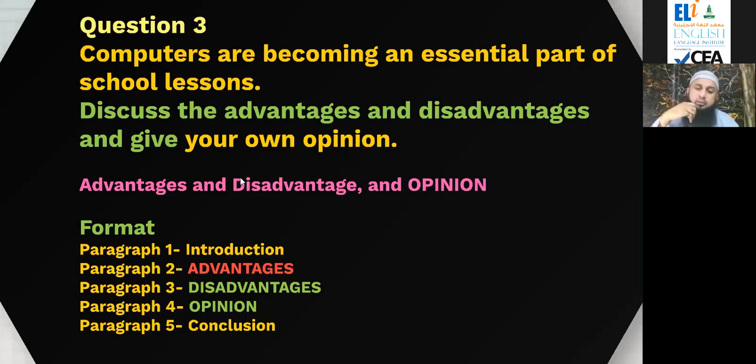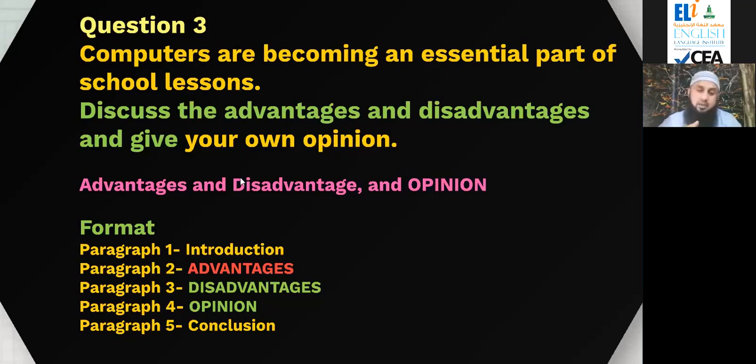This looks beautiful. If your opinion is close to disadvantages, disadvantages should be above your opinion paragraph. If your opinion is close to advantages, then advantages should be before the opinion. Like you take disadvantages up the second paragraph, then advantages down the third paragraph, then your opinion, because you are close to advantages.